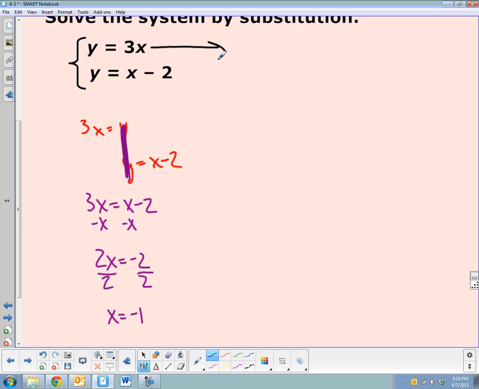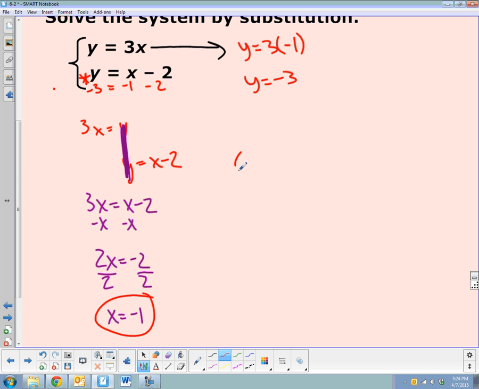I also know that y equals 3 times x. And so if y equals 3 times x, I know what x is. X is negative 1. So if x is negative 1, y is going to have to equal negative 3. And in fact, if you check it in the other equation as well, if x is negative 1 minus 2, yep, it equals negative 3.